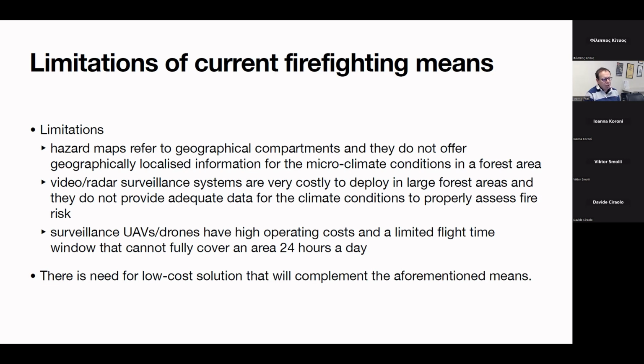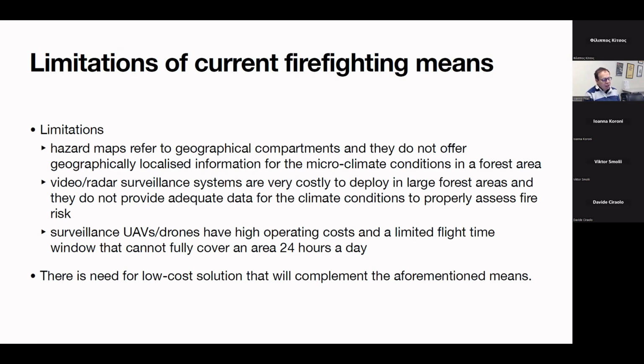And the third limitation is that surveillance UAV drone systems have high operating costs and a limited flight time window, so they cannot fully cover an area for 24 hours a day. We believe that they are very useful, but we believe they should be utilized in a cost-efficient manner, and I'm going to explain what I mean by this.